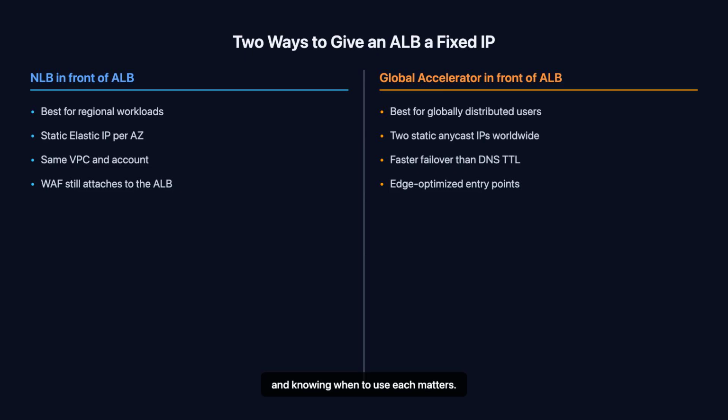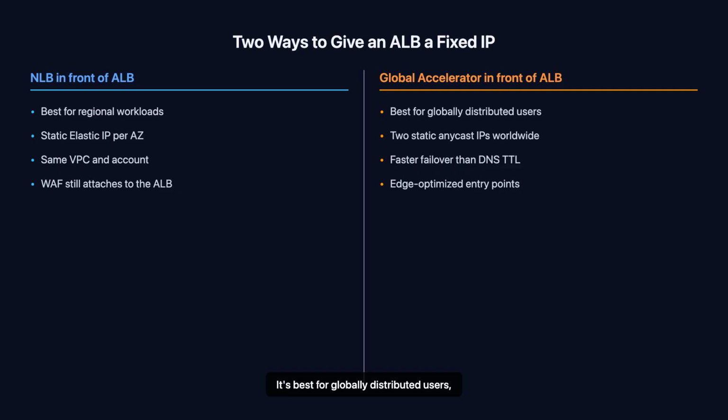There's actually a second way to give an application load balancer a fixed IP, and knowing when to use each matters. On the left, the NLB-in-front-of-ALB pattern. It's best for regional workloads, gives a static elastic IP per zone, lives in the same VPC and account, and WAF still attaches to the ALB. On the right, global accelerator in front of the ALB.